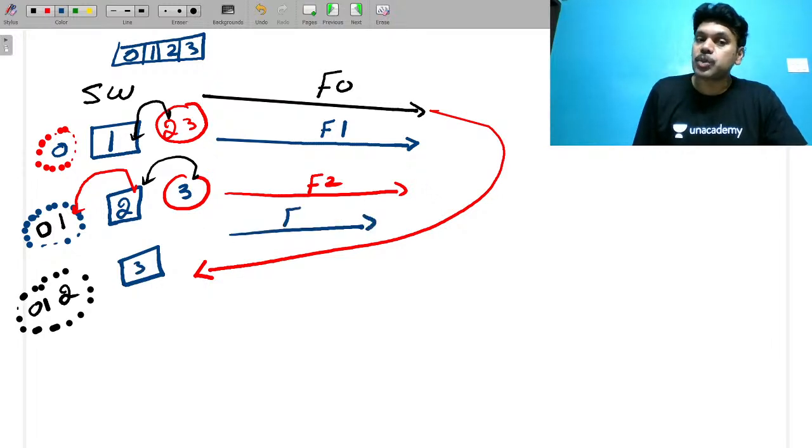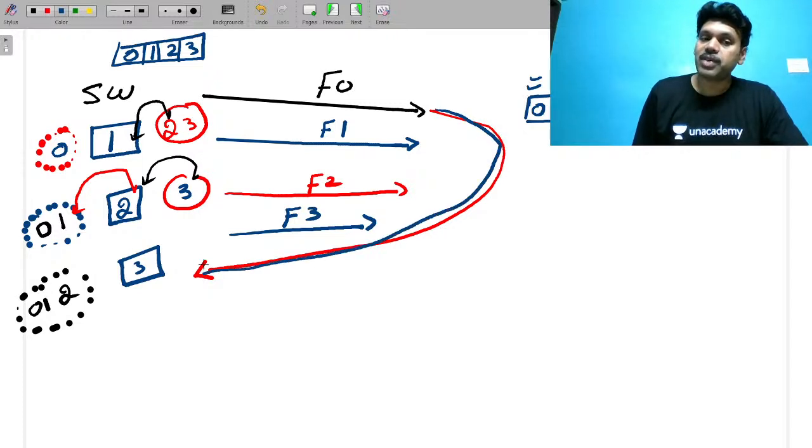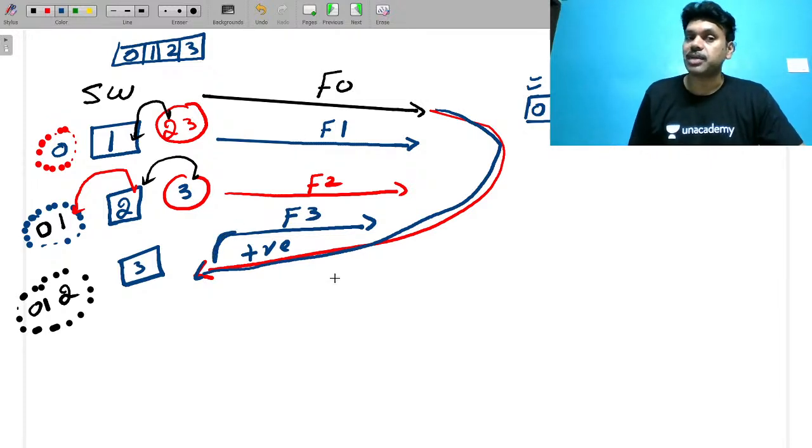As soon as you push frame number 3, the receiver might have received 0 and is giving a positive acknowledgement. Whenever you get the positive acknowledgement, this time is exactly equivalent to the frame 3 transmission time.